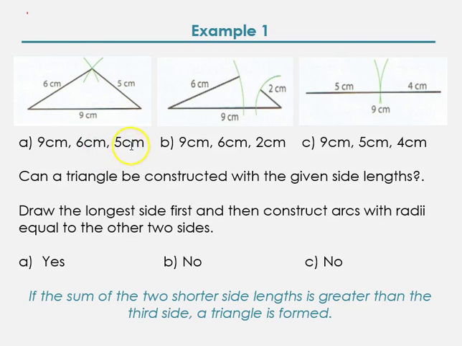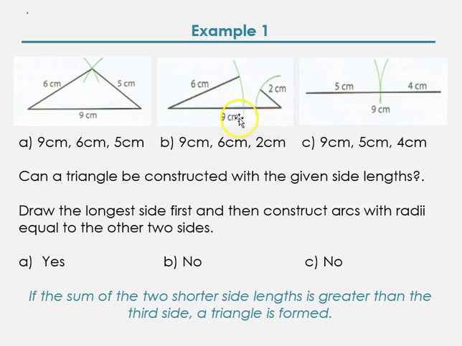And when they strike a measure of 5 centimeters and make an arc, you can draw a line from both of these points, and you will see that they do intersect and create a triangle. So we drew the longest side first, and then we constructed arcs with radii equal to the other 2 sides as called out. And for example A, you can make a triangle.